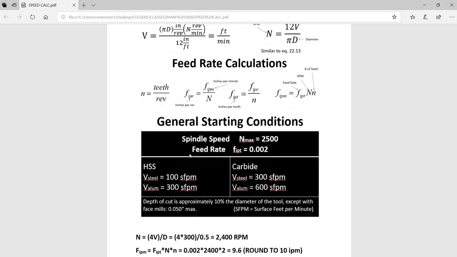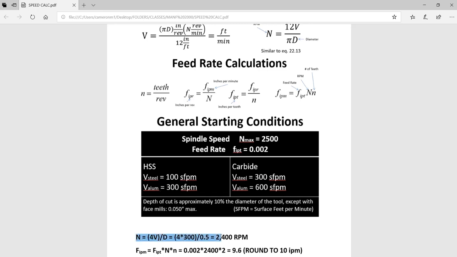So let's go ahead and calculate the spindle speed that we need for a high-speed steel cutter cutting through aluminum. We're going to assume we're using our standard 2-flute, half-inch diameter cutter, the one that we usually use on the mills.